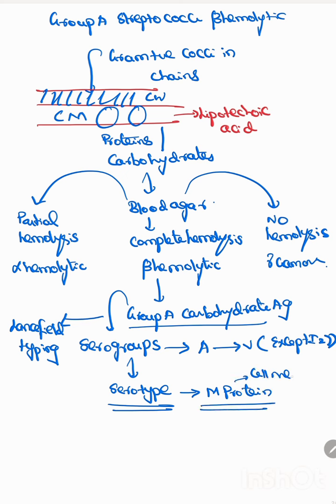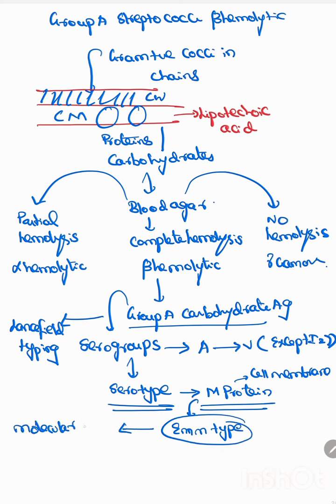This is also present in the cell membrane, and M typing is now being done by molecular methods, with the presence of polymorphisms in the M gene that codes for the M protein.